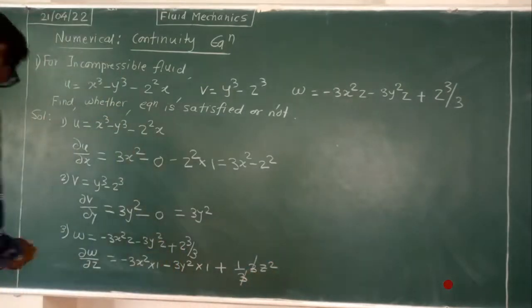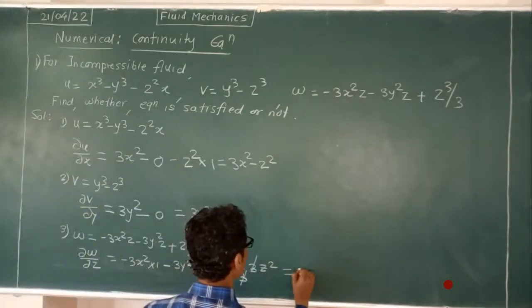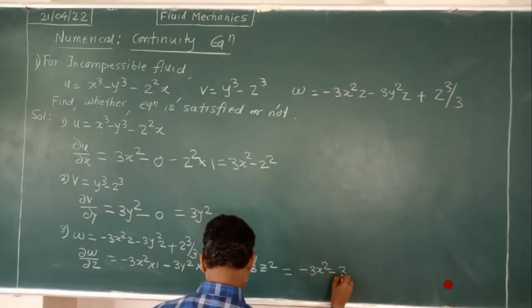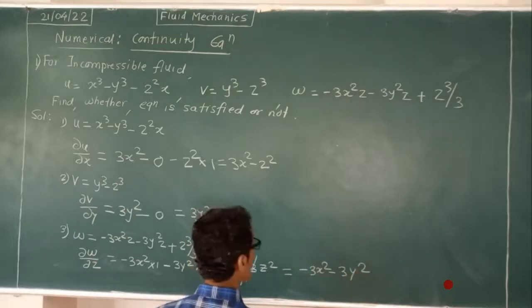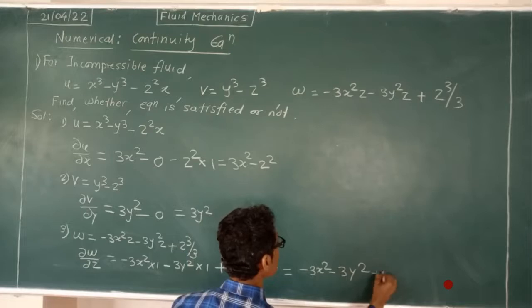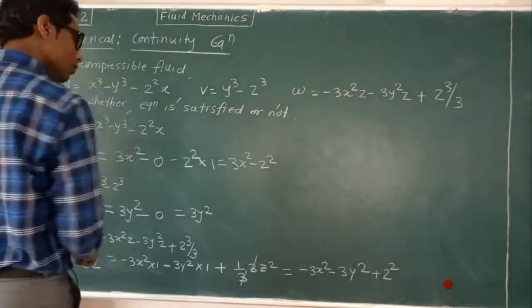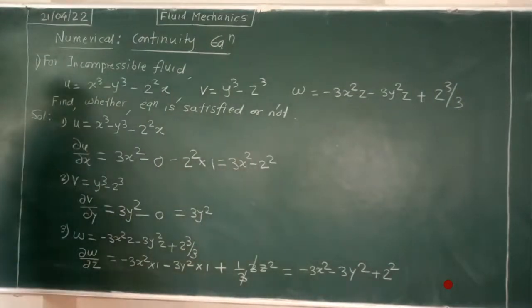So finally it will come minus 3x square minus 3y square plus z square. These are the three components.